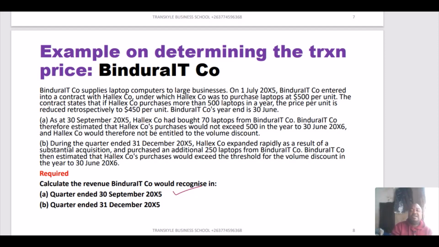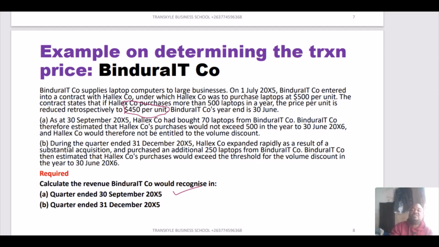Now, at the end of this quarter, we need to determine the circumstances which build up towards the end of that quarter. We have to analyze those circumstances to see if it was possible that this customer could reach the threshold required for us to give them a discount, I mean to charge them a discounted price.